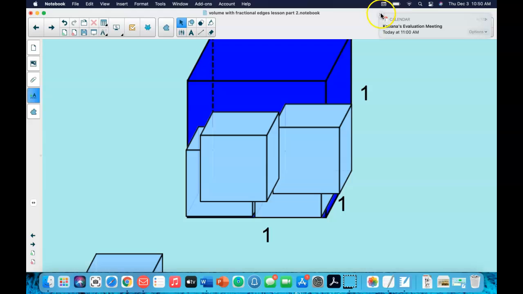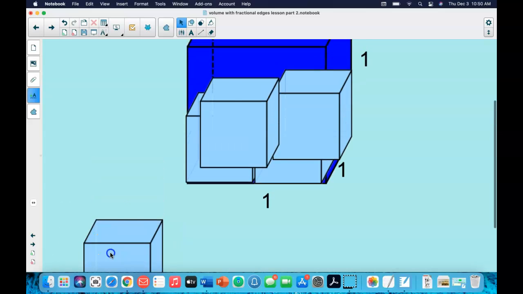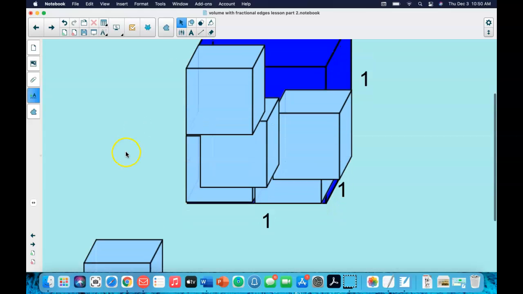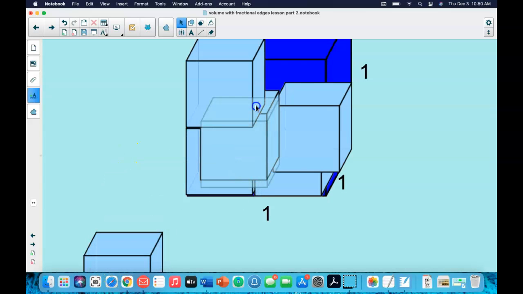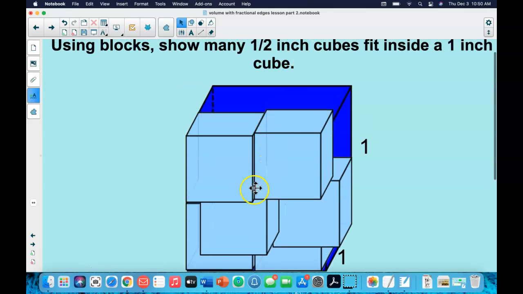The next thing I'm going to do is cover the height. So I have one here, and then I will have another one here. Okay, now, so I have 4 on the bottom.